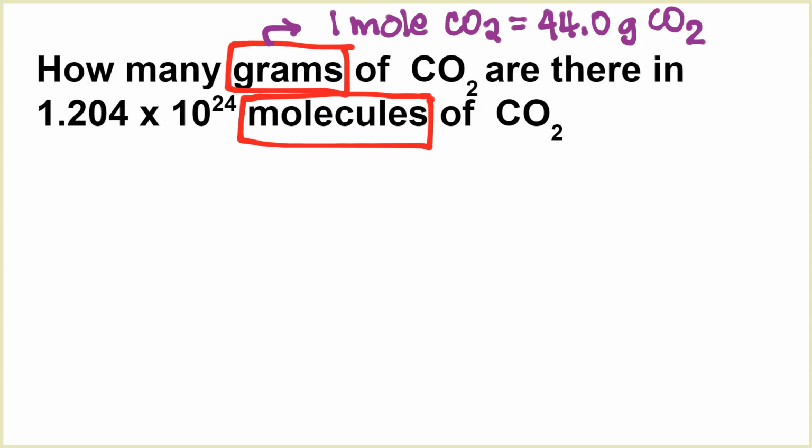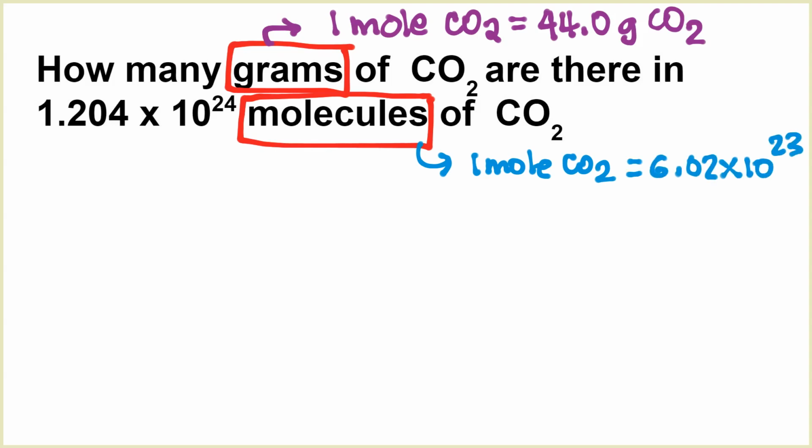Again, if you ever see the word molecules, you do 1 mole of CO2 equals 6.022 or 6.02 times 10 to the 23rd molecules of CO2. What does this tell us? There are two conversion factors. Which means you still follow exactly the same way of solving it.